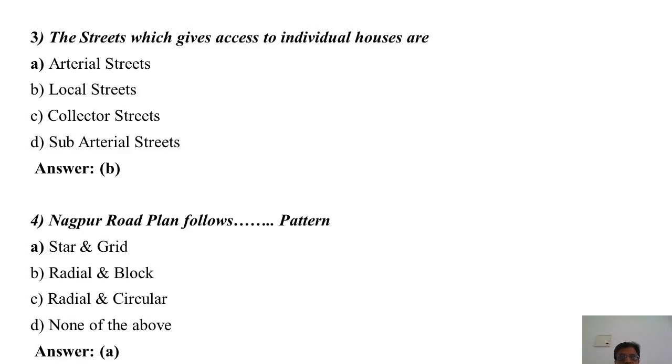Nagpur road plan follows dash pattern. Star and grid, radial or block, radial or circular, none of that. Answer is star and grid. Anyway, you are going to learn about this Nagpur road plan in the future classes. There you are going to learn how these roads are built in the star and grid pattern.